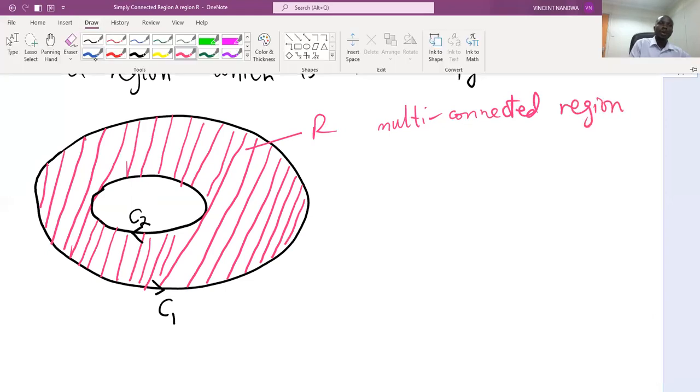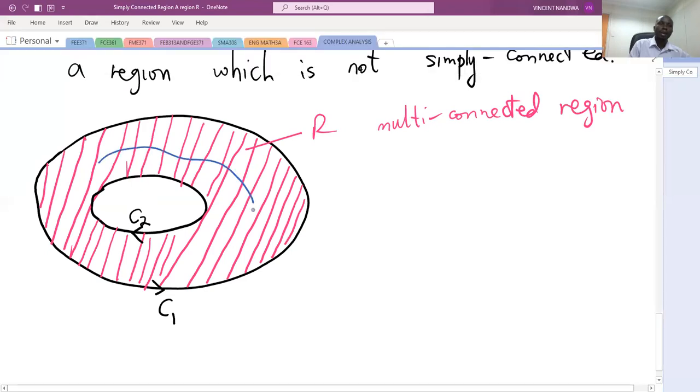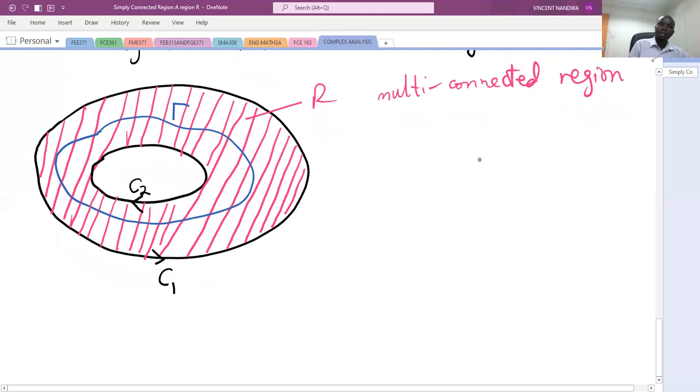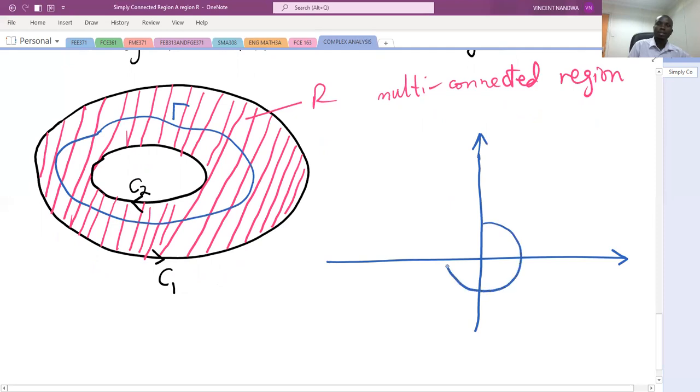So if you draw an arbitrary curve gamma within this region, you see there's a possibility of shrinking gamma to a point which is outside the shaded part. So it will be within this hole or this free space. Another example, we can draw the region between two circles, one of radius 1, another one of radius 2.